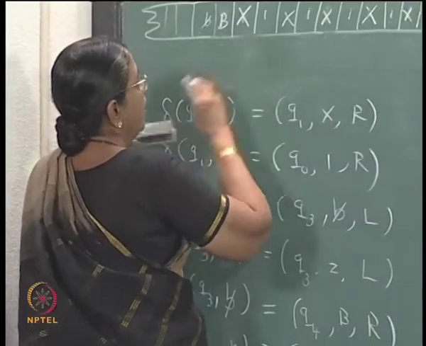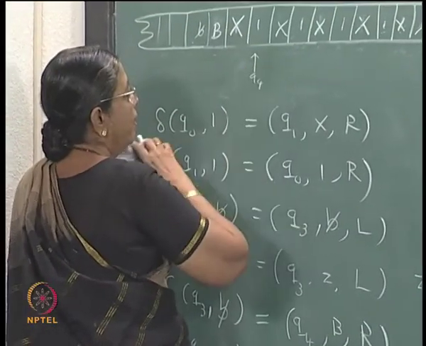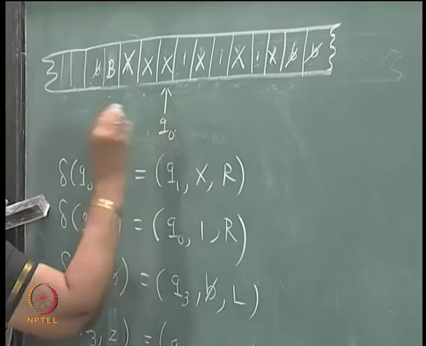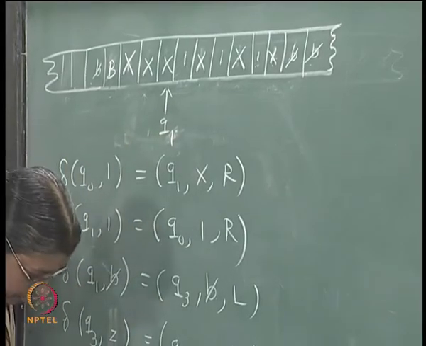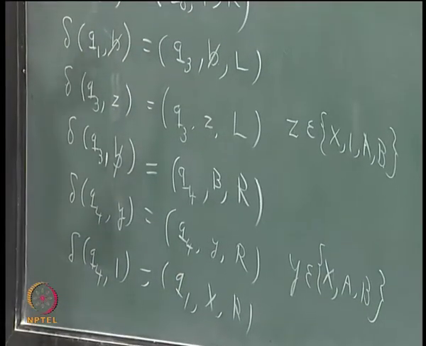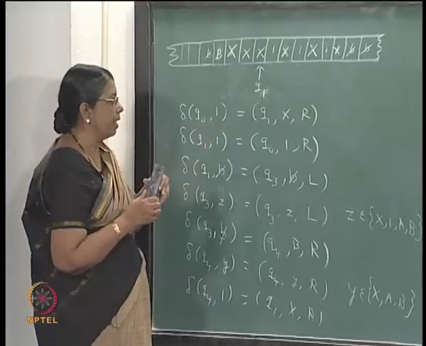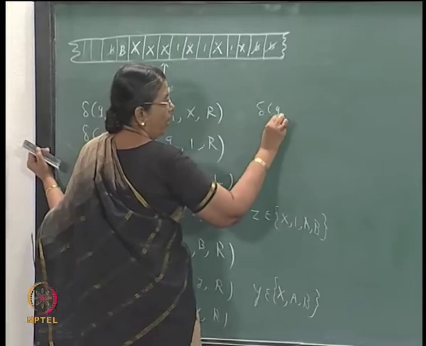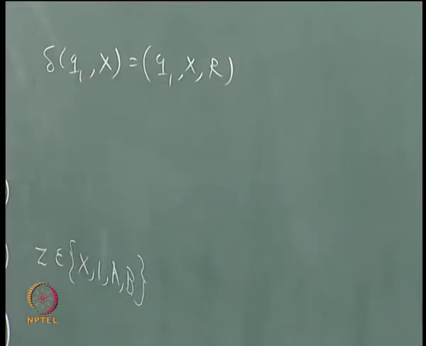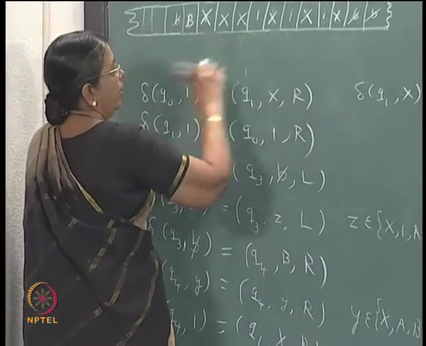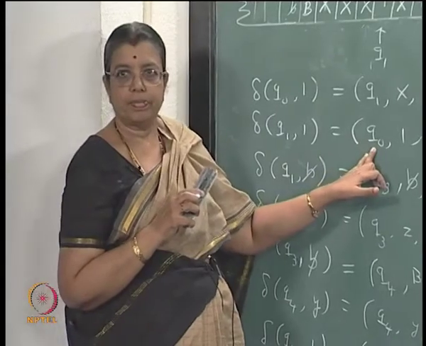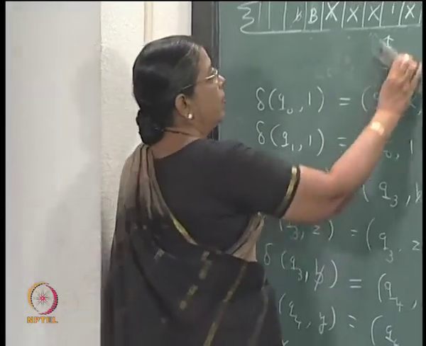So, when it comes here in state Q4, when it sees a 1, it will change this into an x and go to Q1 x R. Now, in Q1 it has to pass through the x's, delta of Q1 x is equal to Q1 x R, but when it sees a 1, it goes to Q naught, right.